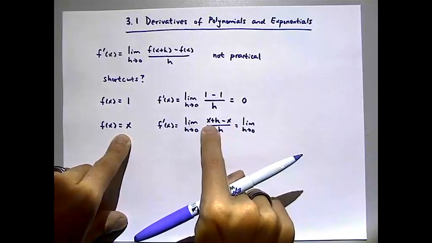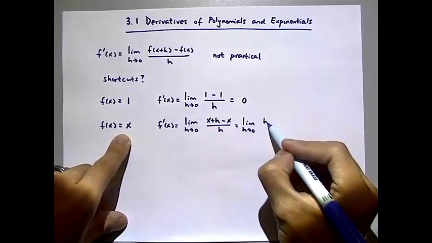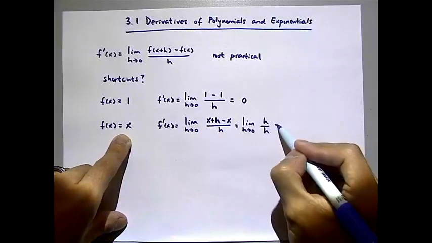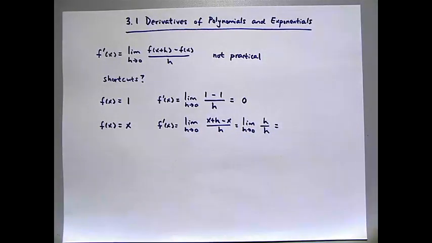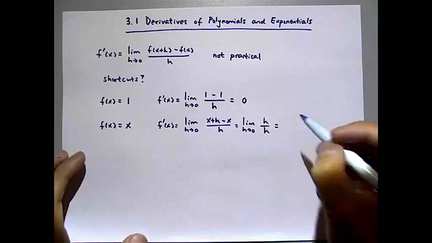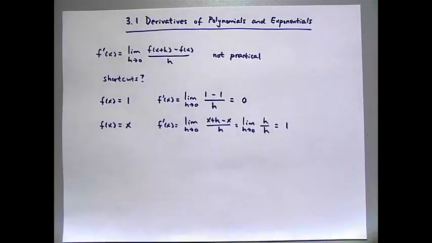The x's go away, h over h. Whatever h is doing, we have the same thing up and down. That clearly goes to a 1. Okay, once again, we'll come back to that. We're going to see a pattern here and then make a determination of what we notice.